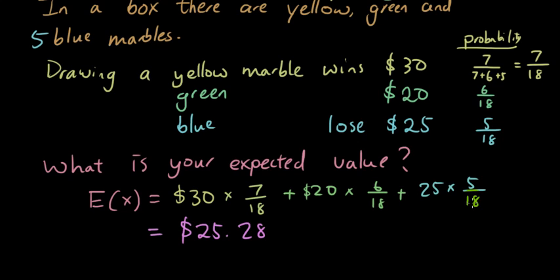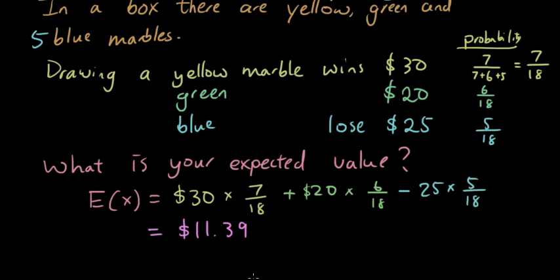Now, something doesn't quite make sense here, and that is that this should be a minus sign. So that should be a minus, and the answer here should be $11.39.